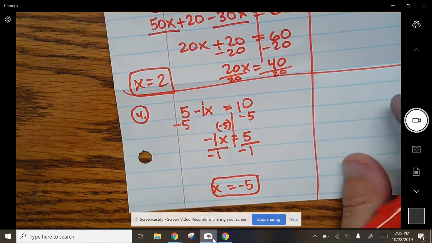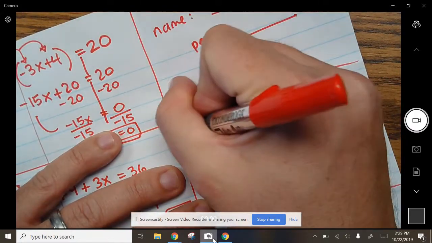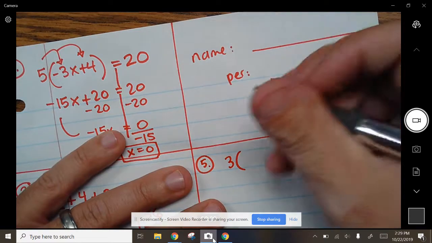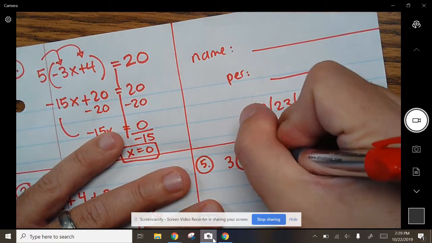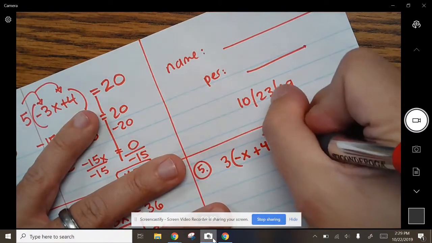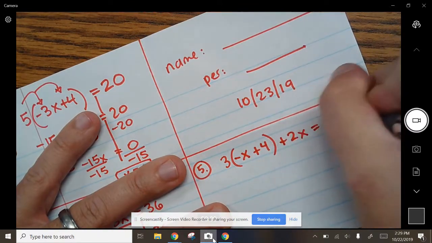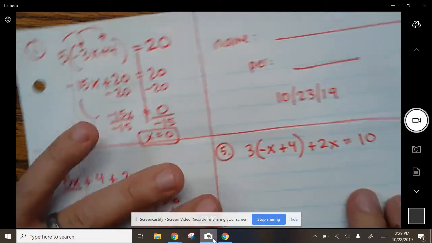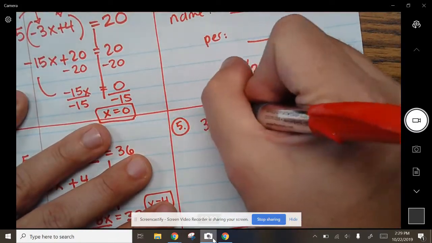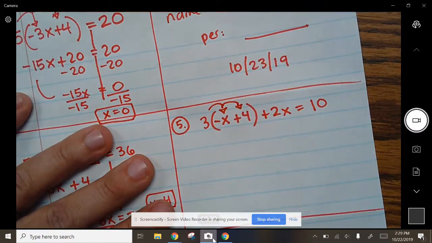All right, now I'm going to give you a problem that combines what we've been doing. All right? Let's see here. Minus x plus 4 equals 10. First step to solve this, you got to distribute.